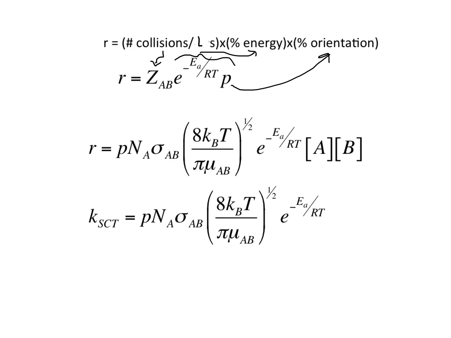Notice that we've written the steric factor P here, and the energy factor shows up here, and the rest of this is the collision density: Avogadro's number times the collisional cross-section times the relative velocity times the concentration of the two reacting molecules.